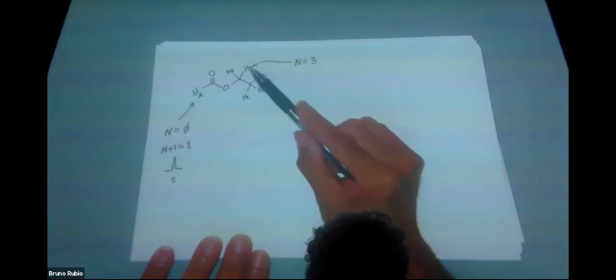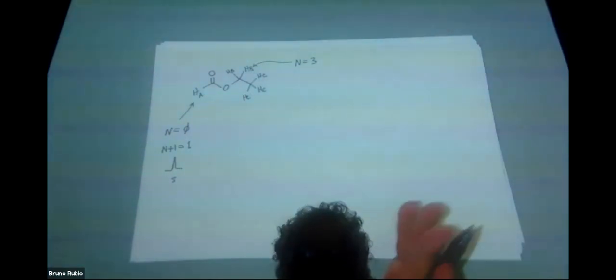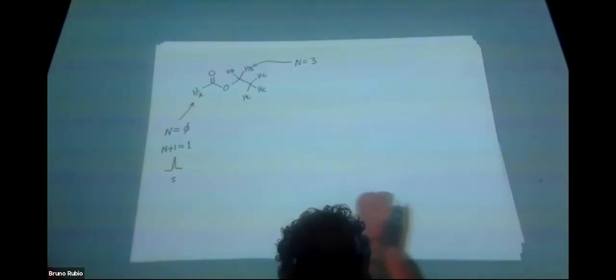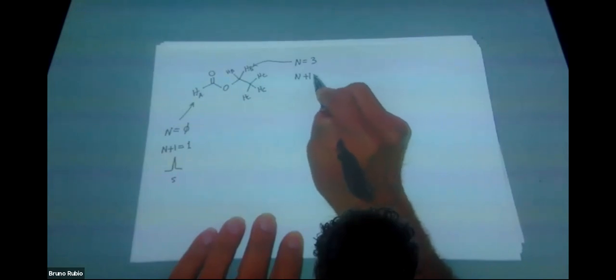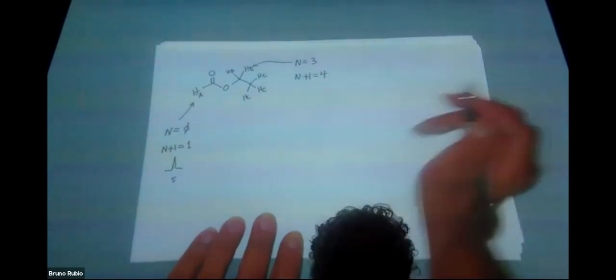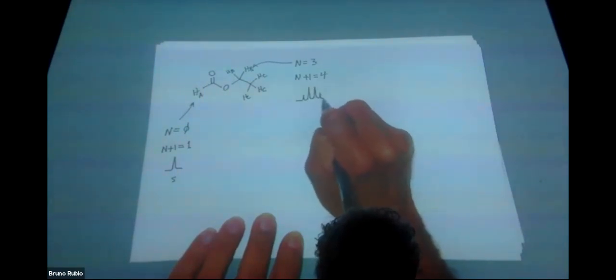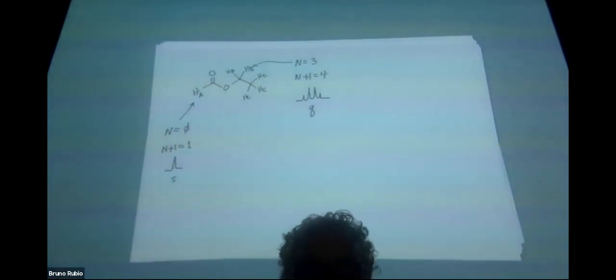But the HB, both of them are 3 bonds away from 3 HC protons. So N equals 3. N+1 equals 4. That's a quartet. It's a 1 to 3 to 3 to 1 quartet. So that's the splitting of the HB.